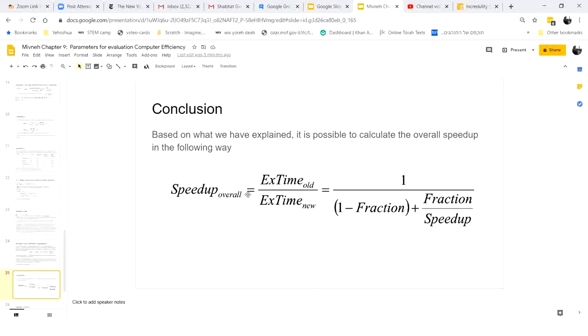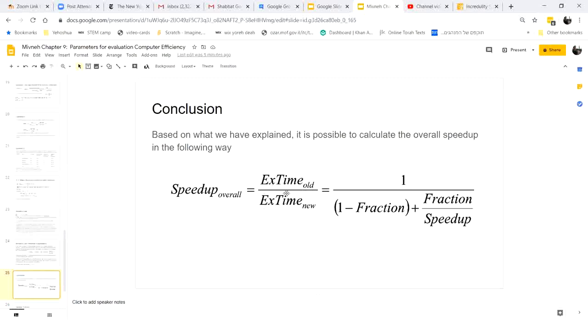I don't know what the equation is, but whatever. You basically have to divide one by the other, and you have to do it in the right way. So here, what we're going to say is speed up is the old time divided by the new time. And that makes sense also. Why? Because the old time is 20 minutes.